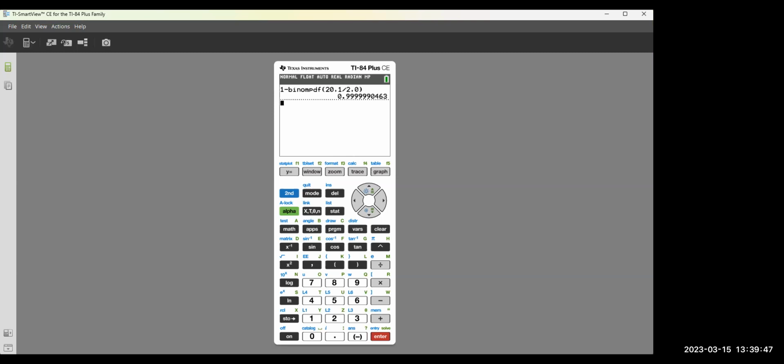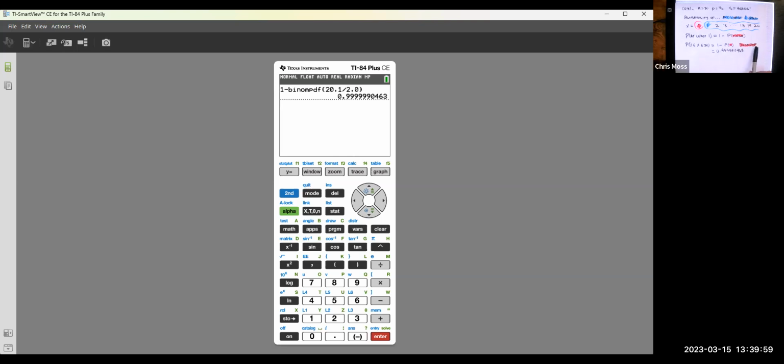Can I ask a question? Yes. What is the difference between the binomial PDF and the binomial CDF? The PDF only works with a single value, while the binomial CDF, and I'm going back to a previous screen here, gives you a sum.